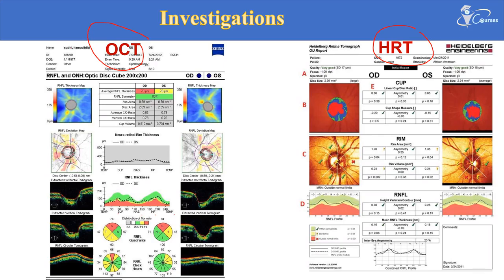For example, the OCT can detect changes in the retinal nerve fiber layer even before they are evident on the visual field. So OCT is more helpful in early detection of loss of retinal nerve fiber layer, while late in the course of the disease it is not very effective.